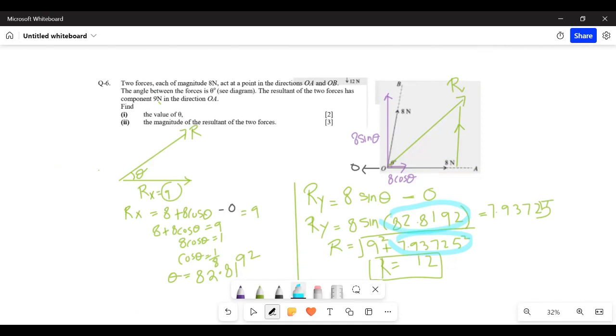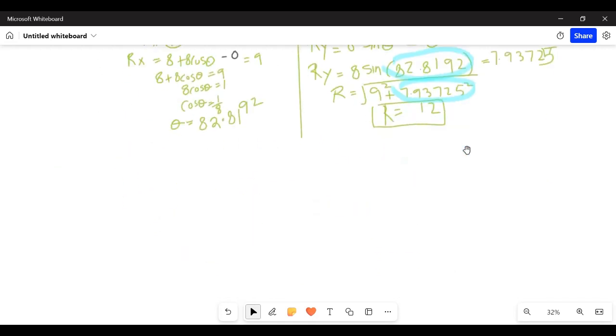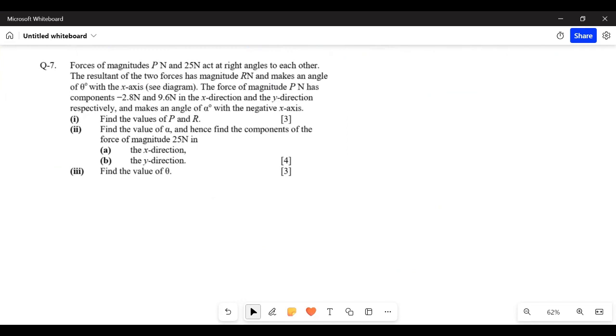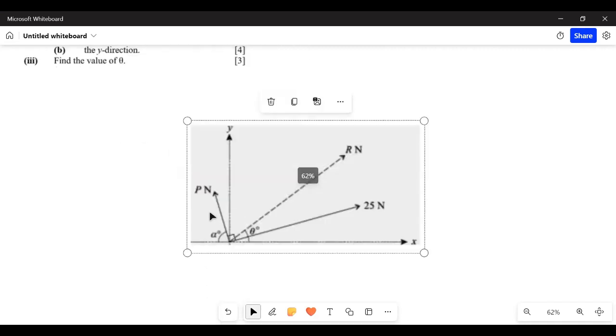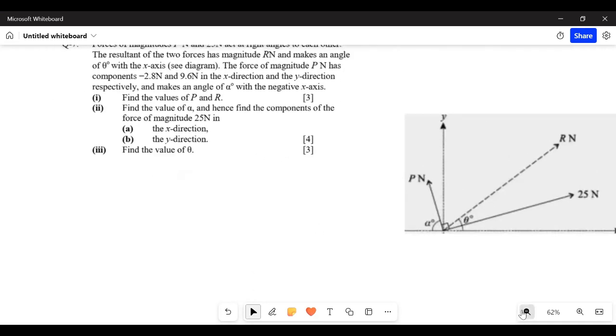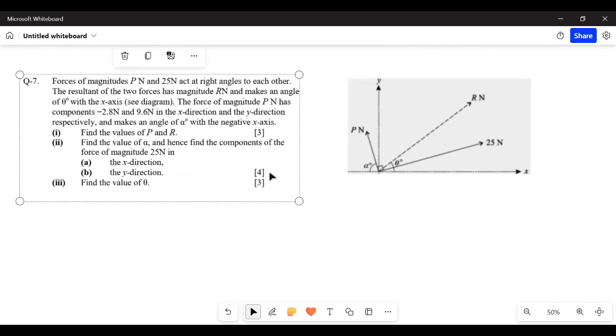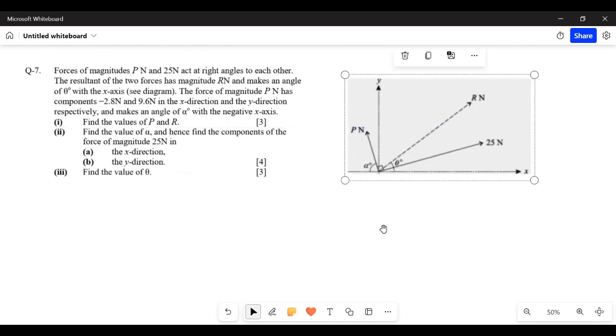Okay. Question 7. Forces of magnitude P Newton and 25 Newton act at a right angle to each other.